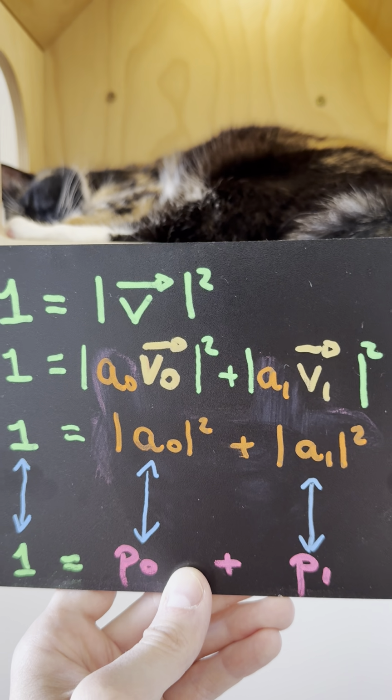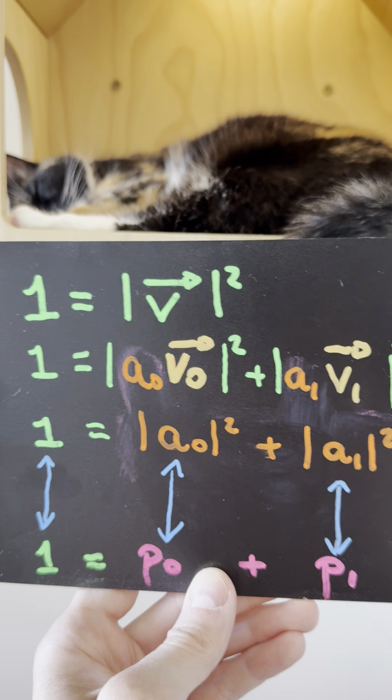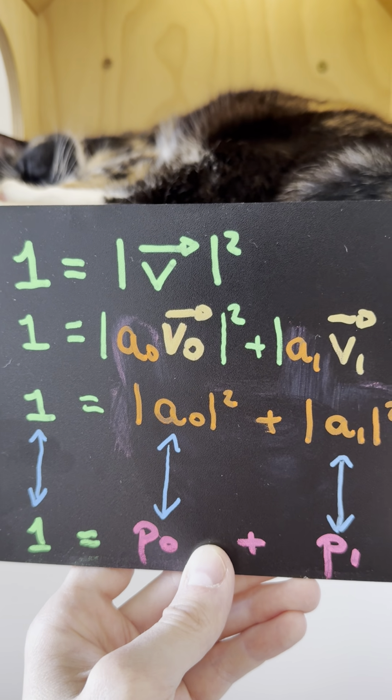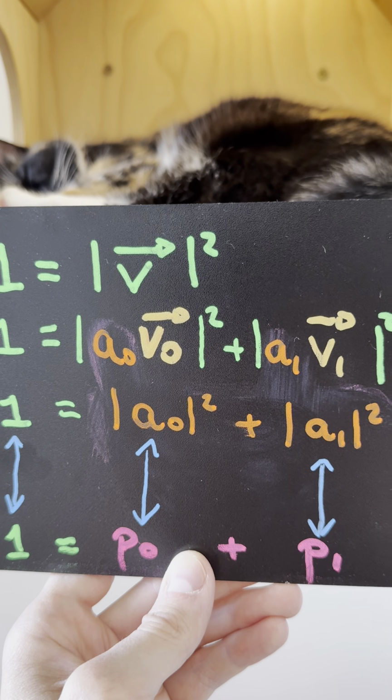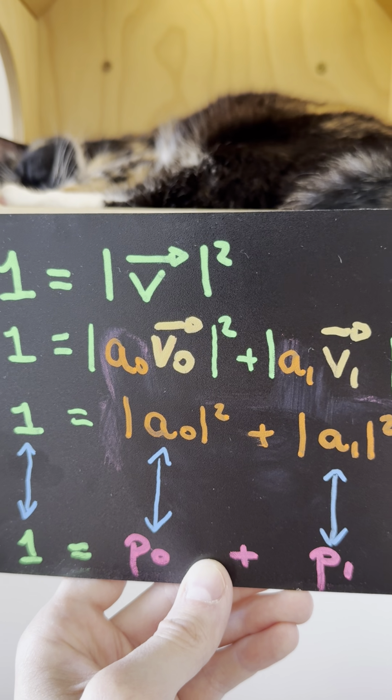And now here comes the fun part, because if you call a0 squared p0 and a1 squared p1, you're getting that 1 equals p0 plus p1. So you just found two numbers which are non-negative and add up to 1.